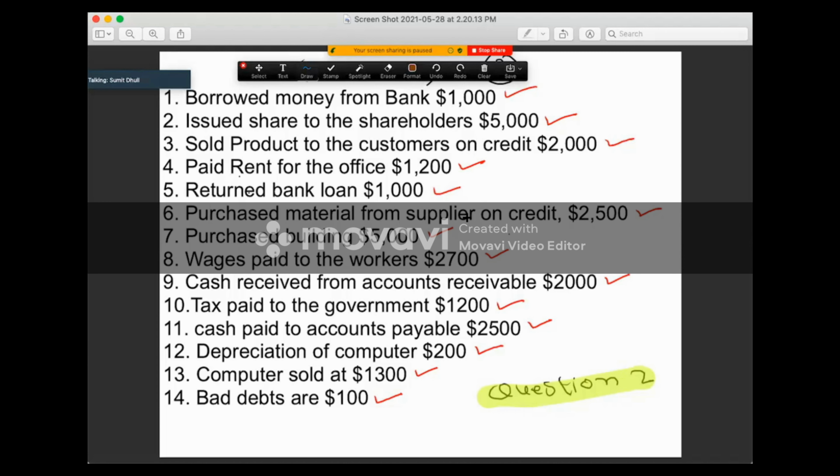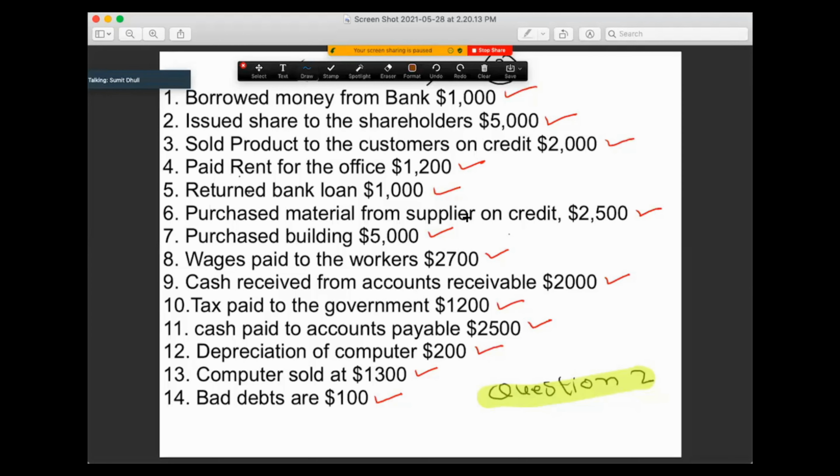Some of the journal entries, you already did before. Some are new, like bad debts and maybe account receivables, returns or something.